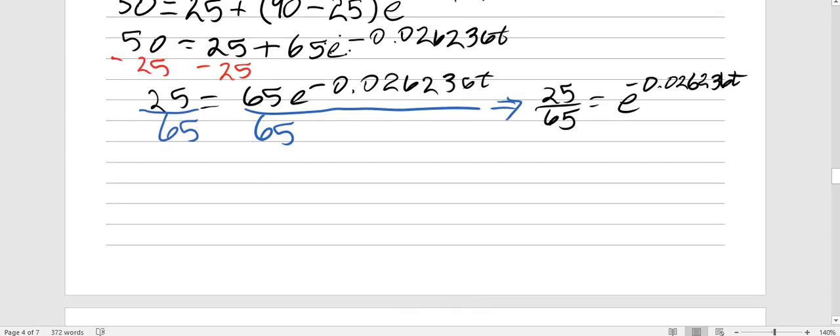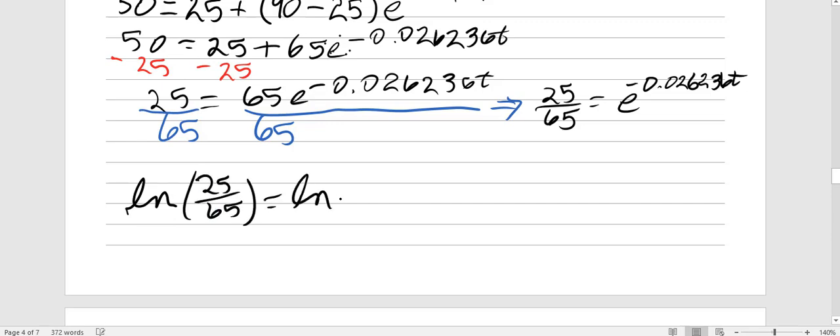And I'm going to apply the natural log to both sides of the equation. And I know that simply gives me the exponent.